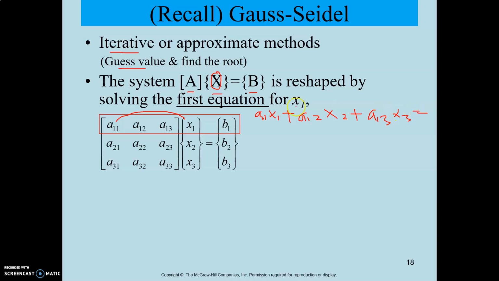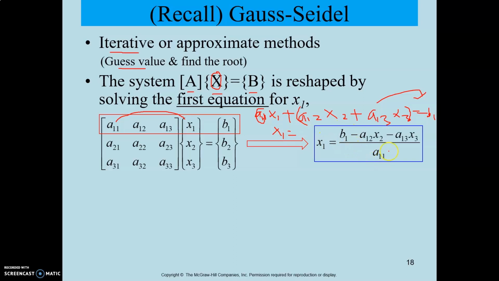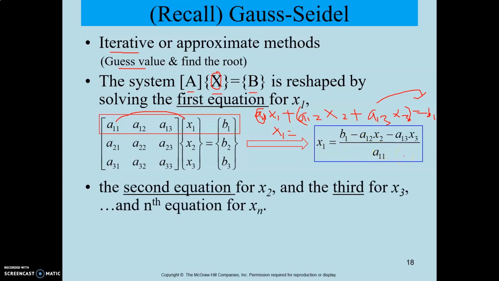So by doing this, we get the first equation for x1 equal to b1. So to find x1, this whole thing can be put on the right hand side, and a11 here can be divided, right? So you should be able to obtain this equation.